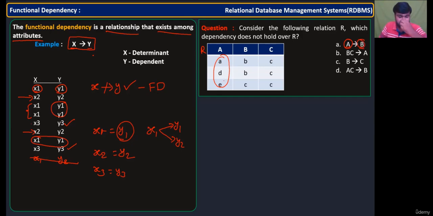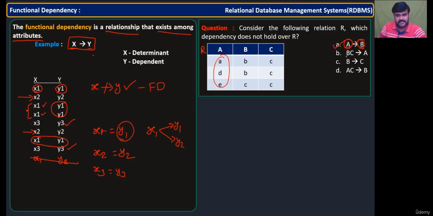Because all of them are distinct, whether the dependent values are the same or different, we don't bother. If in some places they are equal, like X1 here and X1 there, at that time you have to cross-check. So in that way, this is a valid FD, first of all. That means this is not the answer, based on the question.